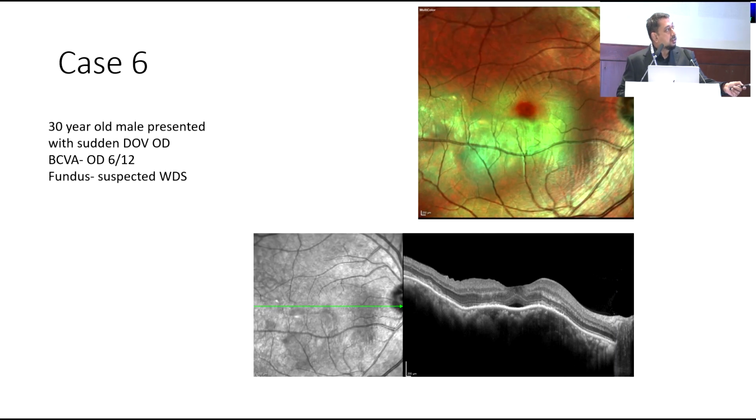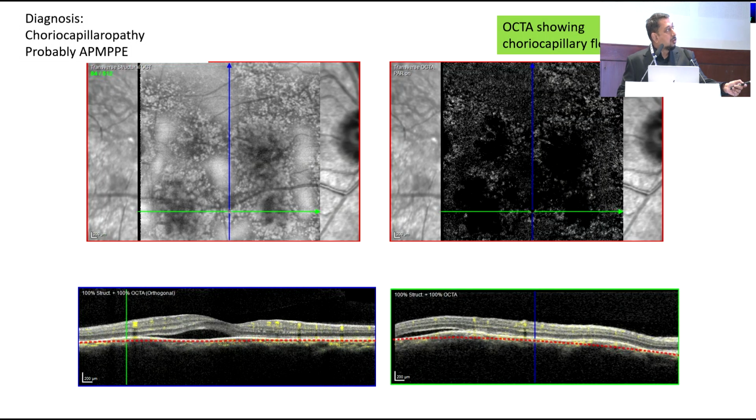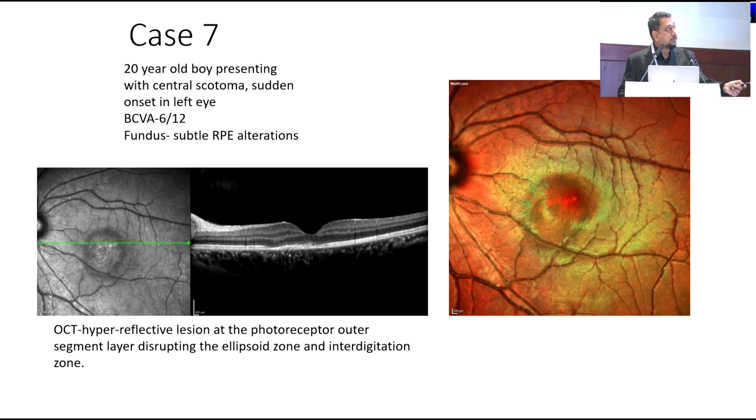In inflammatory conditions, this is a multicolor imaging showing the green, a bit of elevation, a placoidal type of lesion. You see the elevation over there, and you suspected a white dot syndrome. Here you see large areas of choriocapillary dropout, again diagnostic in OCTA posterior uveitis, and this was a diagnosis of APMPPE.